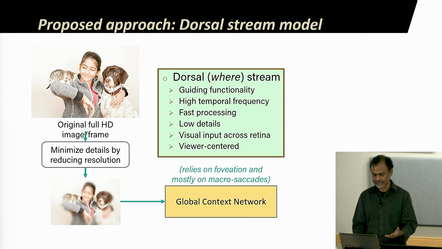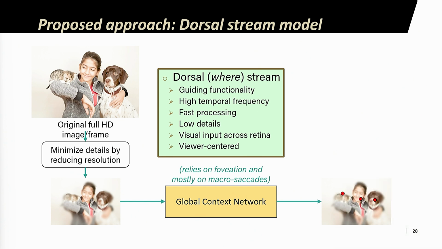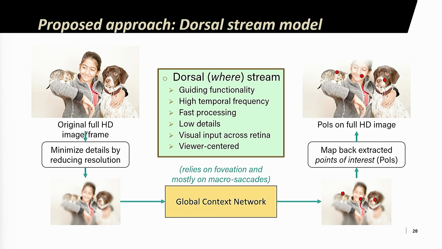Based on those objects of interest, I can minimize the details, have the proper resolution, and using lower resolution, I figure out the objects of interest. And then one can map it back to the full image that I have, which in this case is maybe an HD image, and I mark my points of interest.